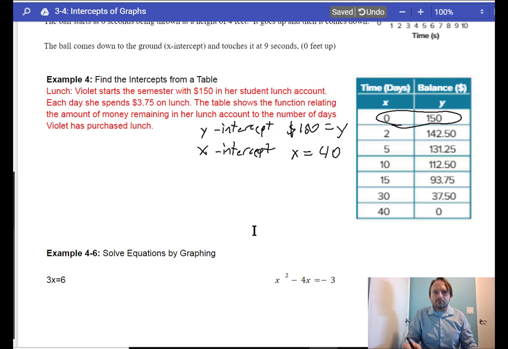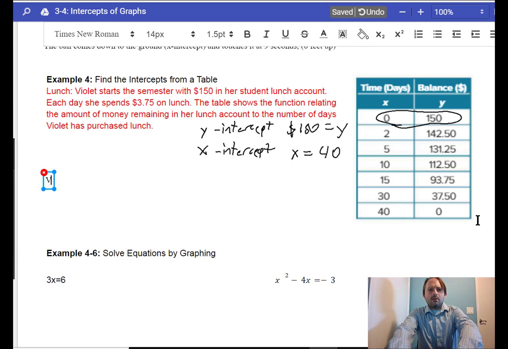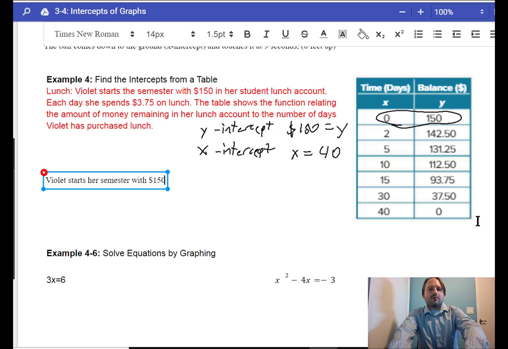All right, well, let's explain. We just have to explain the two intercepts. Violet starts her semester with $150 at 0 days.